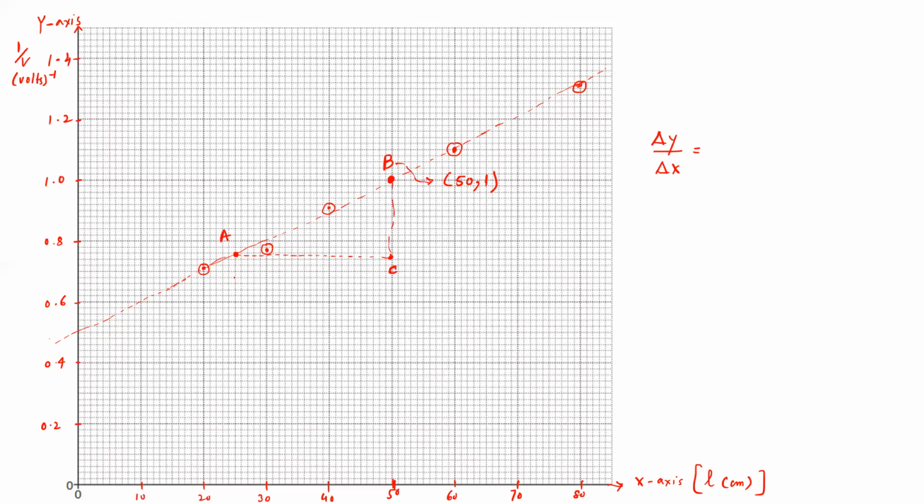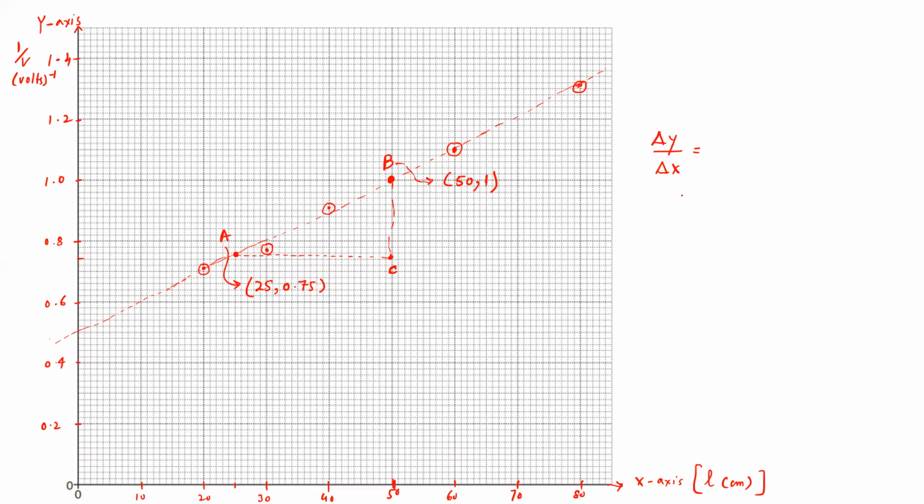And the coordinates of A: A is 25 here, and on this side, A is around 0.75. When you'll be drawing this graph, you'll have much more accurate values.